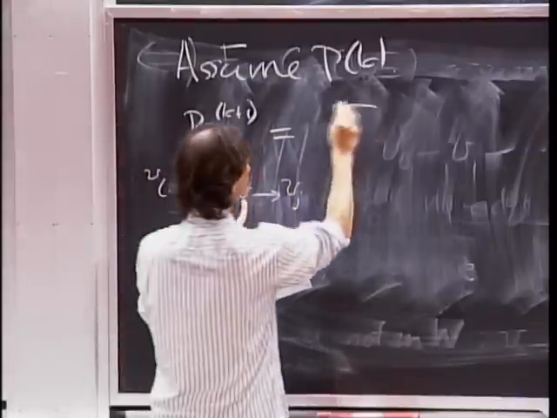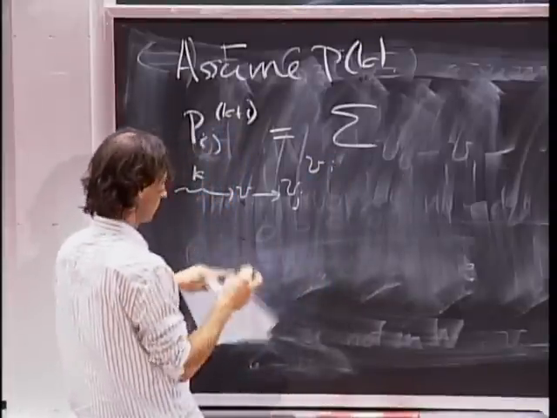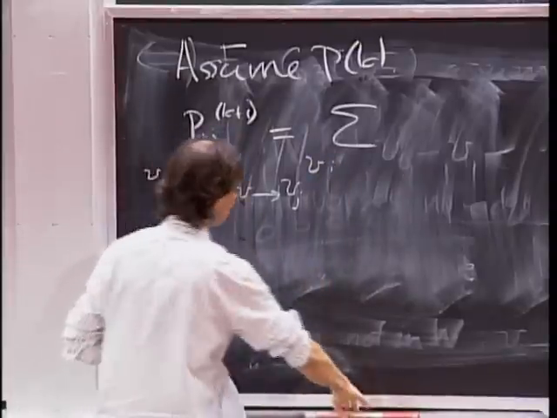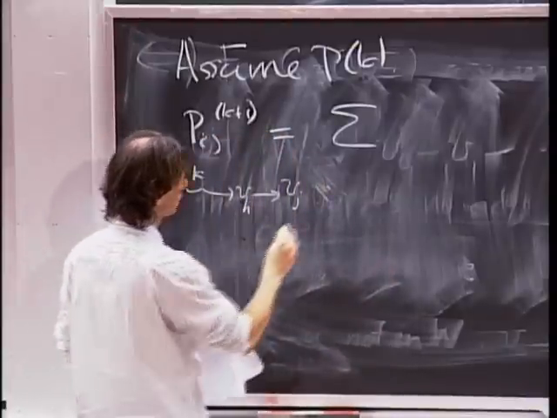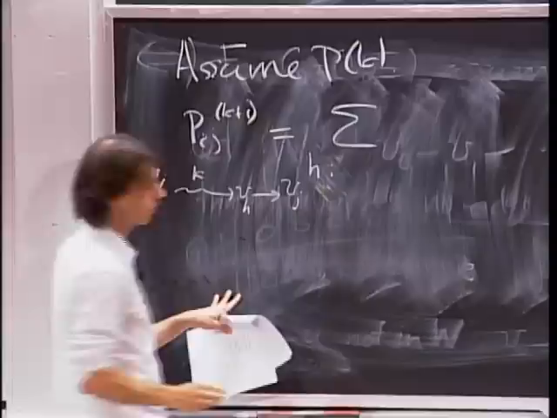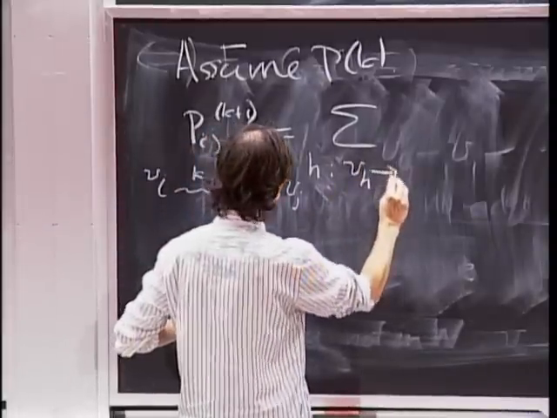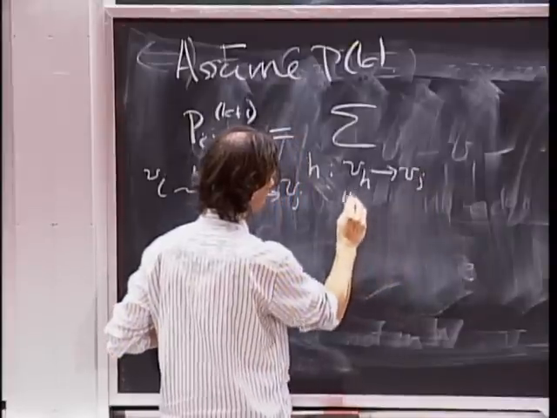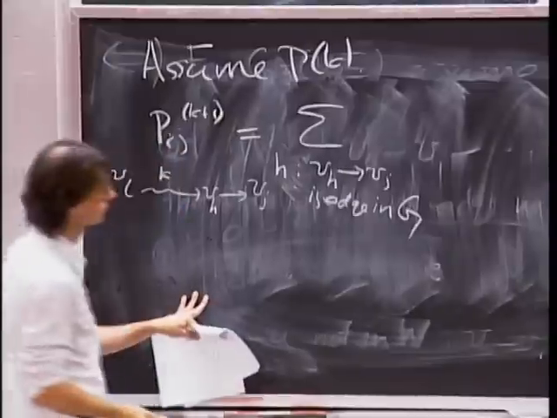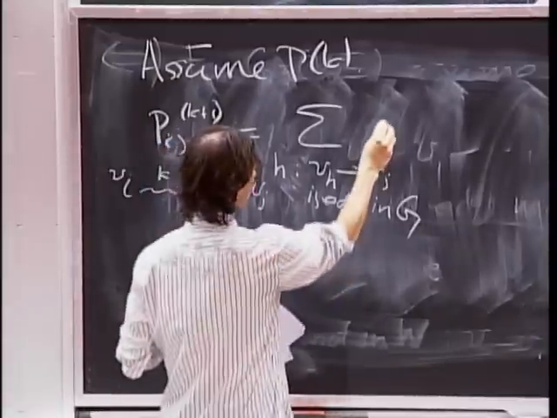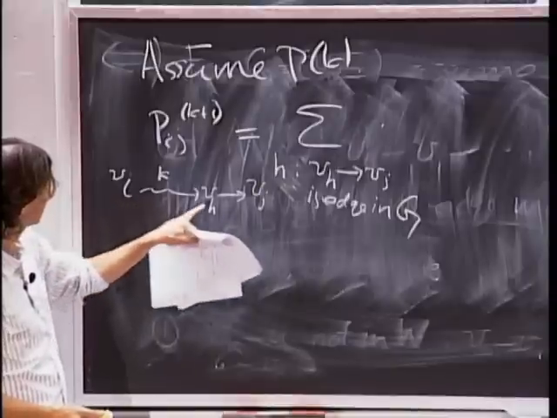So what we do is we have a sum over all the V's, such that, well, we will use indices here. So let me do that a little bit differently. Let's say I have an h over here. So all the indices h, such that V_h to V_j is actually an edge in G. So then we can write out here that we go in k steps to V_h.